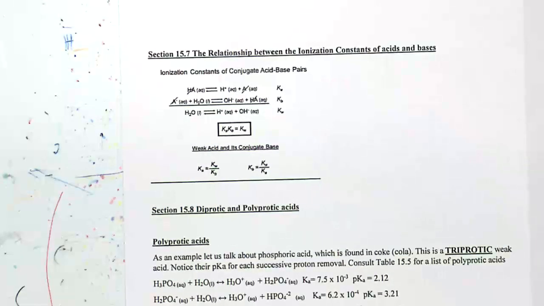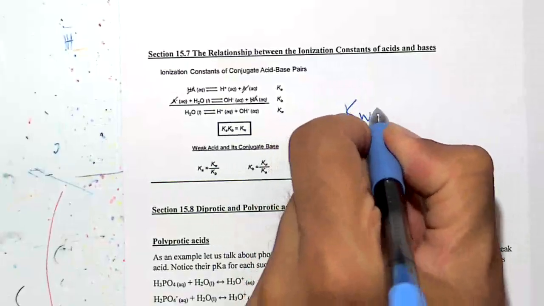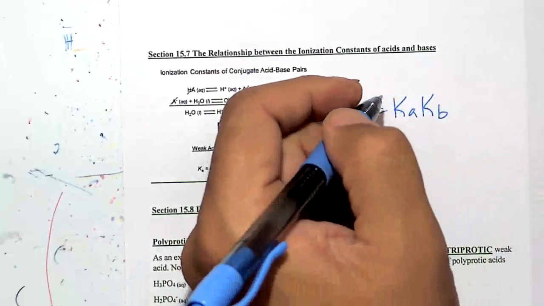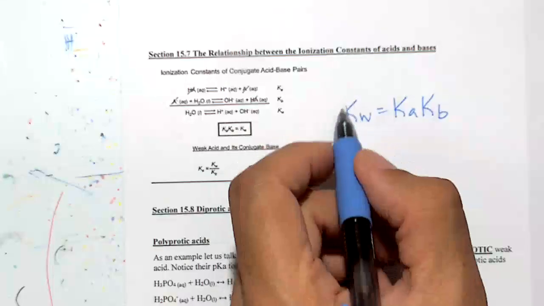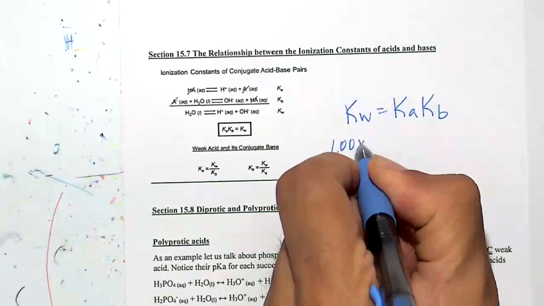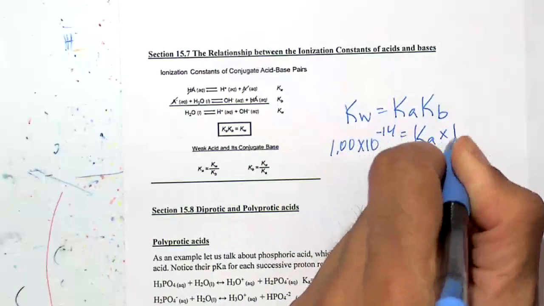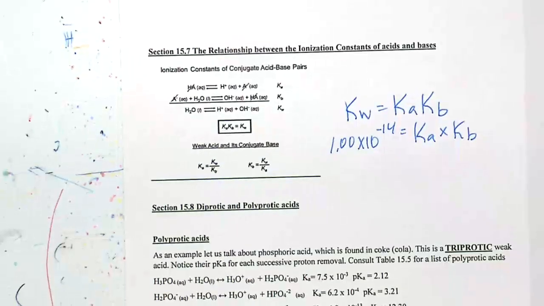An equation here for you guys to know is Kw equals Ka times Kb. At 25 degrees, Kw is 1.00 times 10 to the minus 14. So what is Kw? Kw is an equilibrium. And what is that equilibrium reaction?